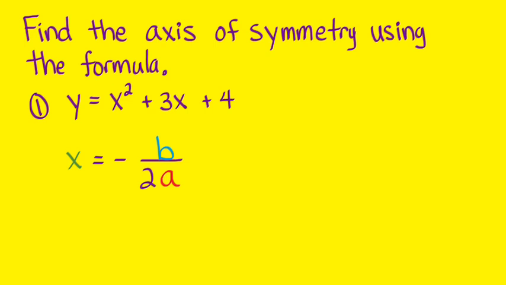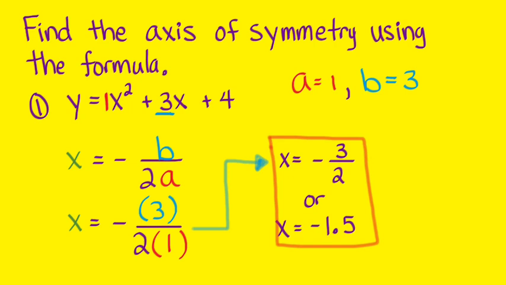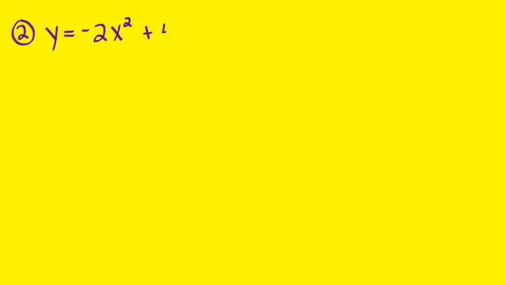So if I look at it, our b value is 3 and our a value is 1. So we'll have -3 over 2 times 1, which means that it's -3 over 2, or x equals -1.5. Let's try it again.